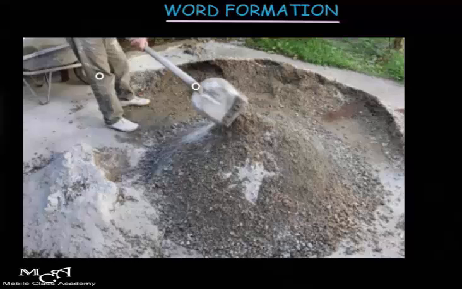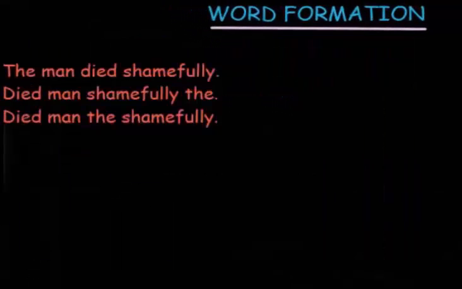Now let us take an example. On your screen, we have three sentences. The man died shamefully. Died man shamefully thee. And died man thee shamefully. You discover that the first sentence is correct.